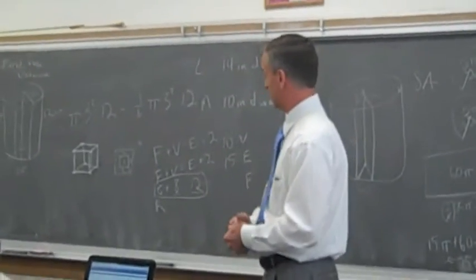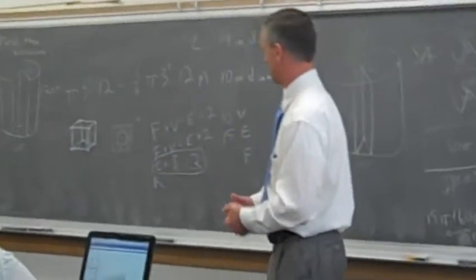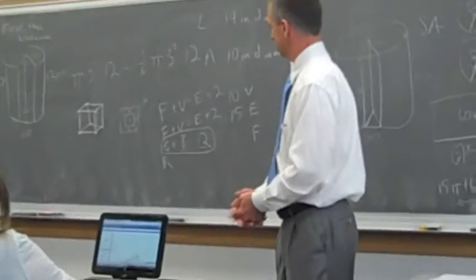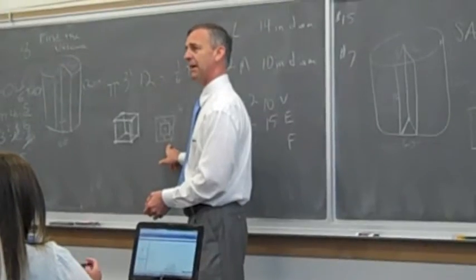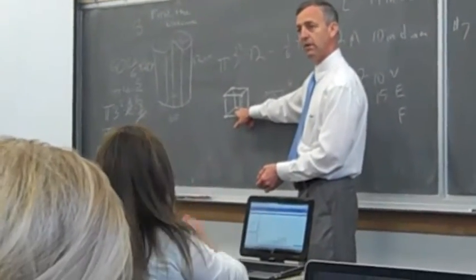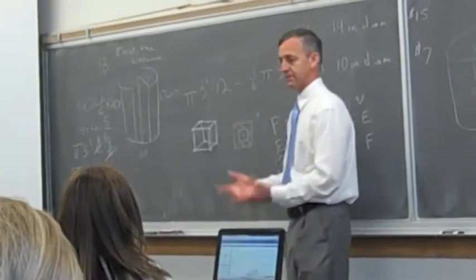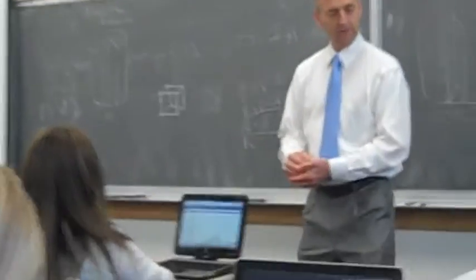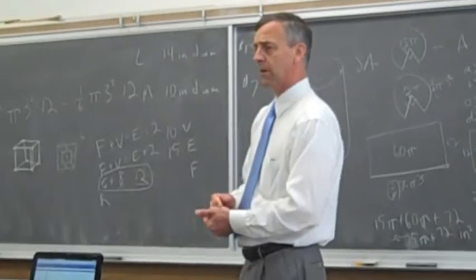Either one of them? They're both the same. So if you want the network one, but you can't remember how to do it for the cube, turn faces into regions. Okay. What else?